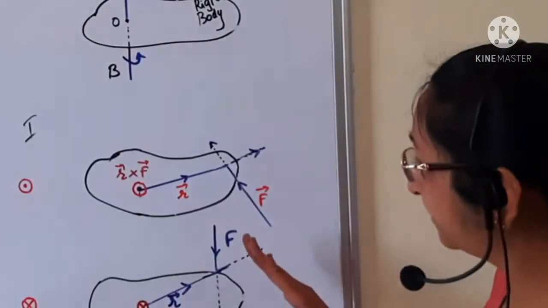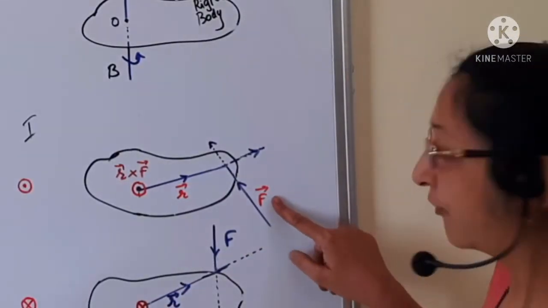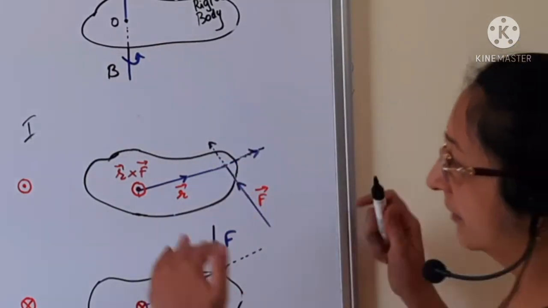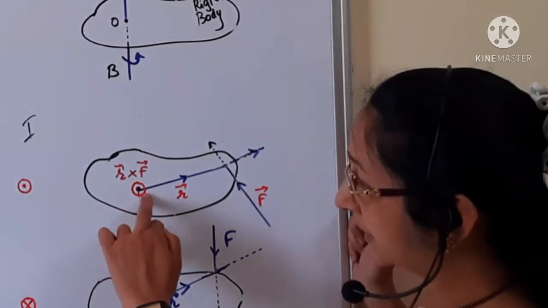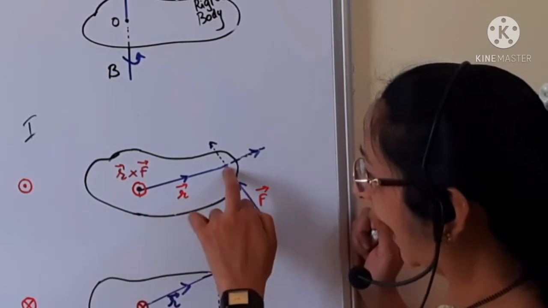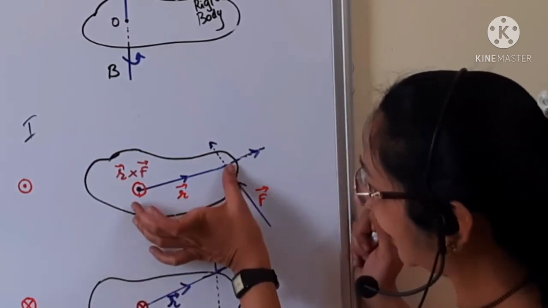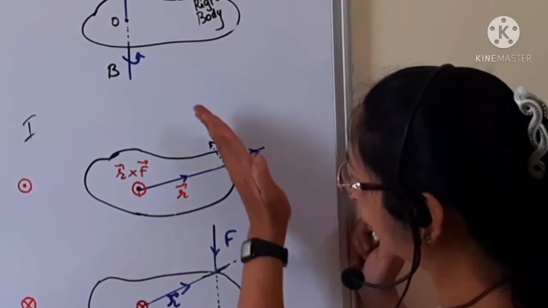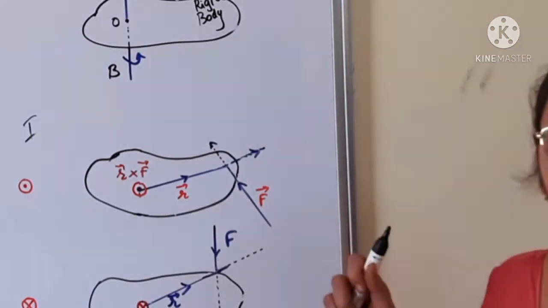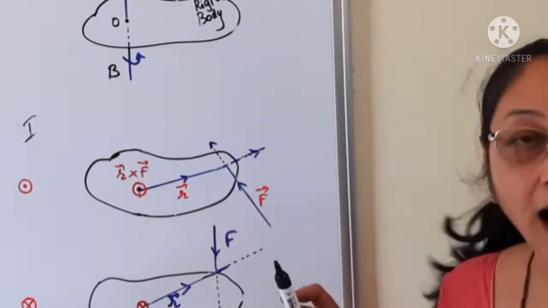So, naturally, the force F is seen here, which is applied in this direction, and the line joining the point of application and the axis of rotation. So this is the line joining the point of application of the force and the axis of rotation. It is this line, and the vector we represent as R.